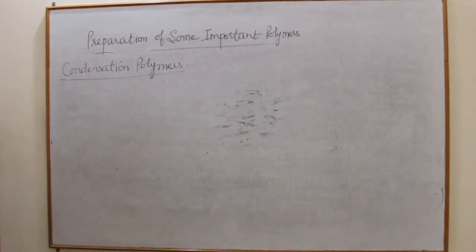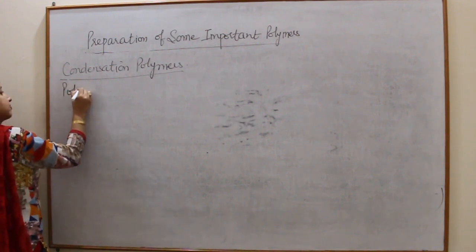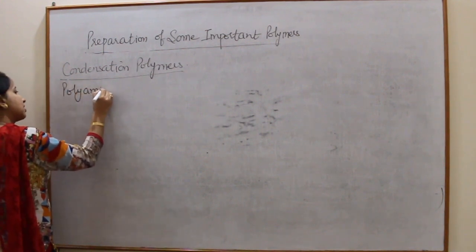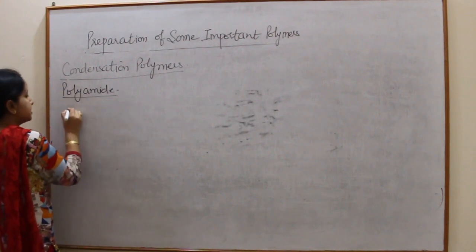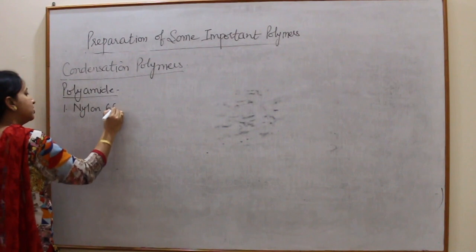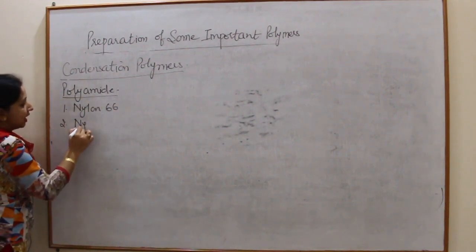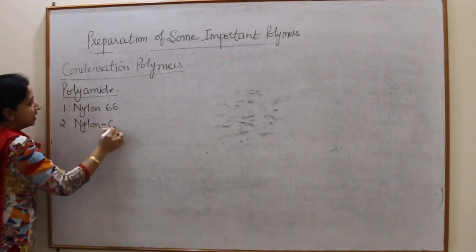We have to discuss two examples under polyamides, nylon 66 and nylon 6. We have discussed nylon 66, so we will not repeat it. And second is your nylon 6.